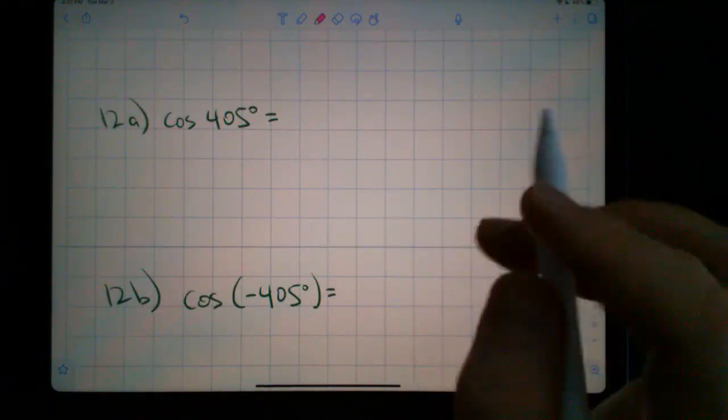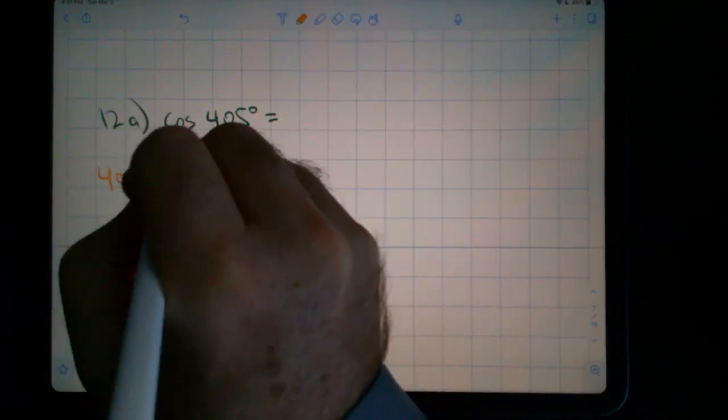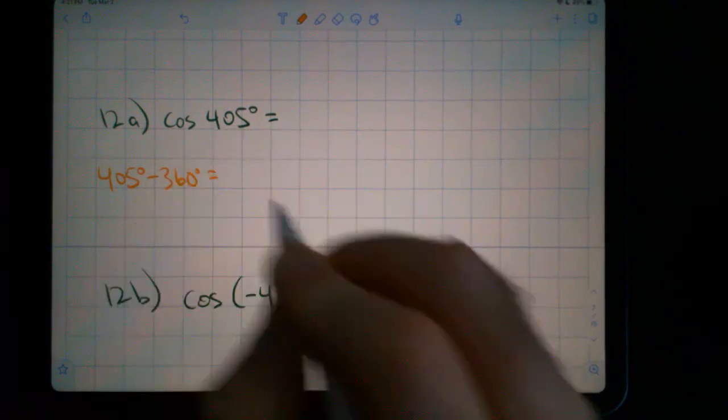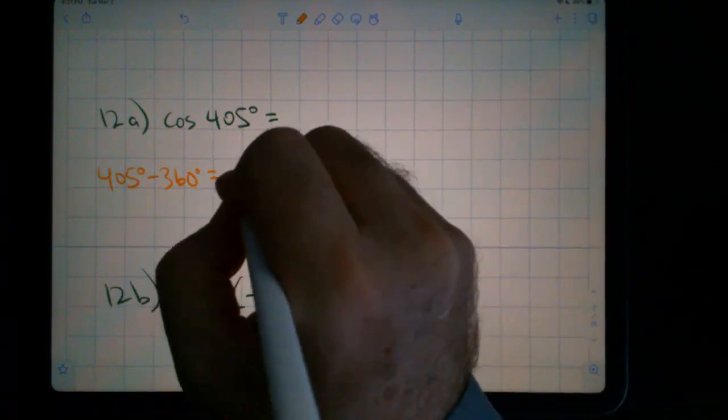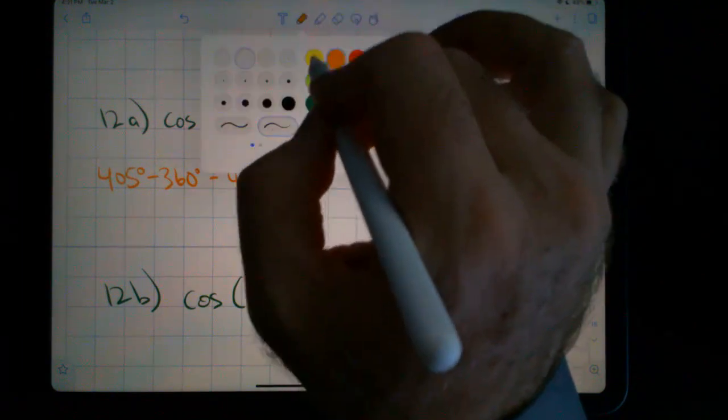Cosine of 405. Okay, let's make this a smaller number. And that's 45. So that's going to be in quadrant 1, 45-degree angle.